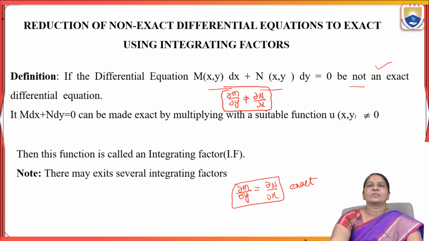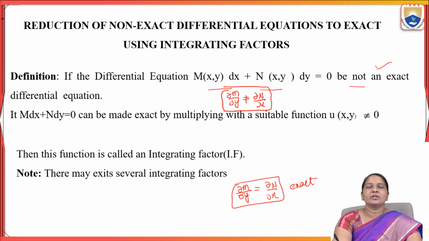Here we need to convert the given non-exact differential equation into an exact differential equation. After that, we follow the same procedure as for solving an exact differential equation in the remaining part.